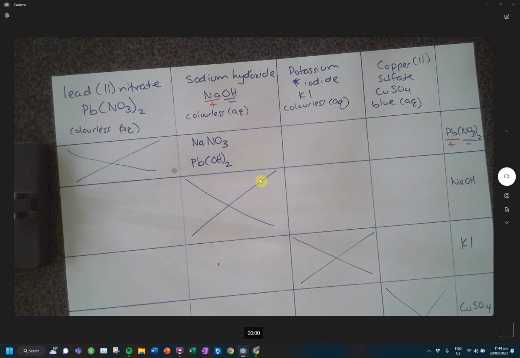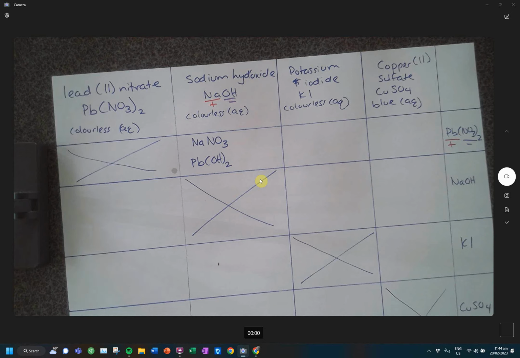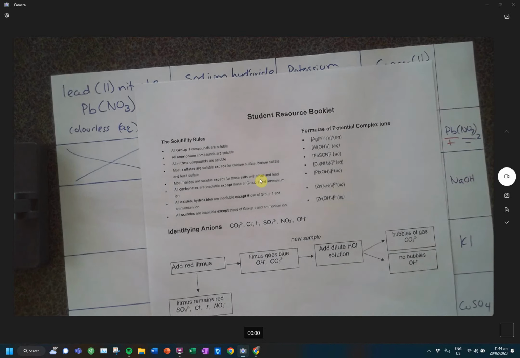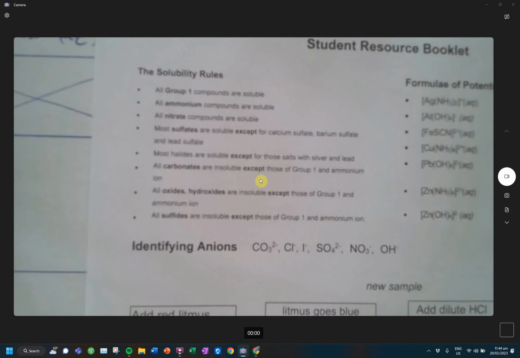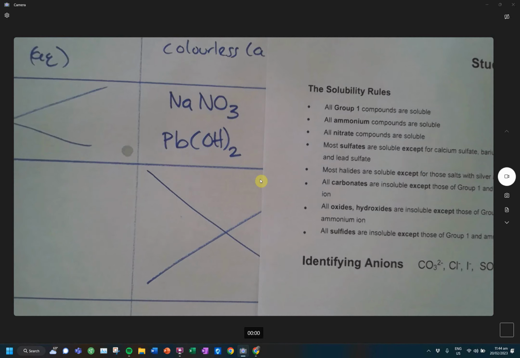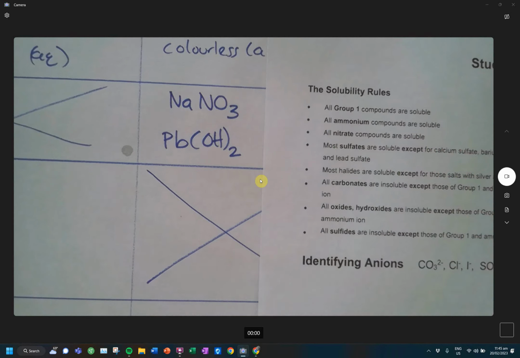All right. So now that I have that information, we want to figure out which one is that white solid we saw forming. So you're going to use your resource sheet, and we are looking at our solubility rules here. And those are my two choices. So the first rule I see is that all group 1 compounds are soluble.